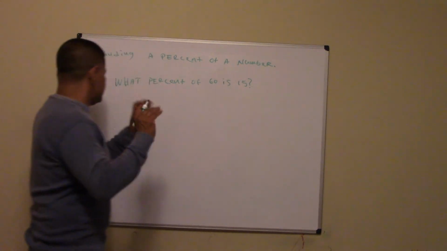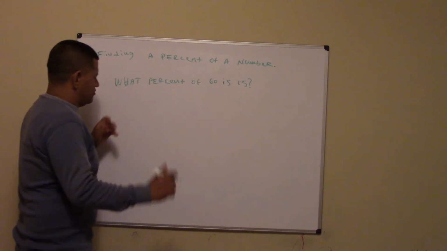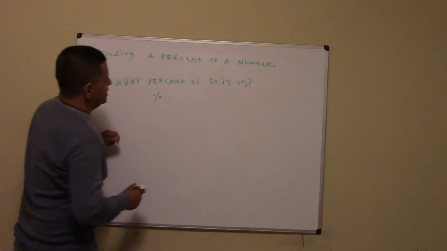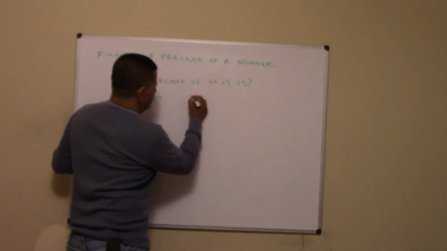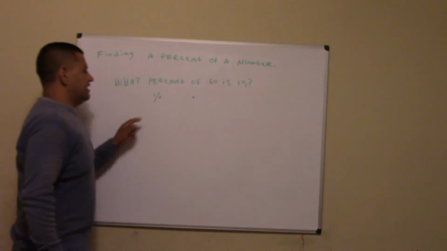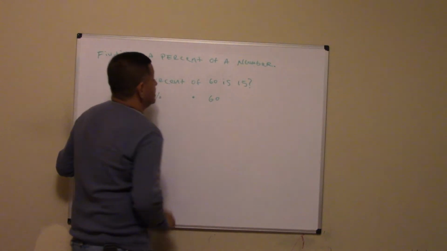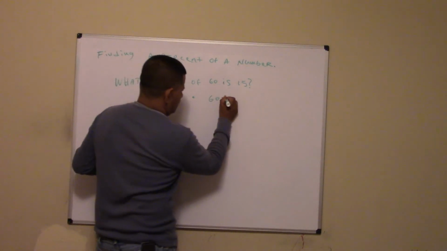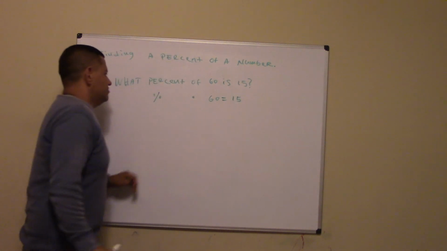Okay, so let's do this step by step. First, we represent percent with the percent symbol, right? That's what we're looking for. Then the word "of" means multiply, just a dot or multiplication. And then 60, and then the word "is" means equal to 15.